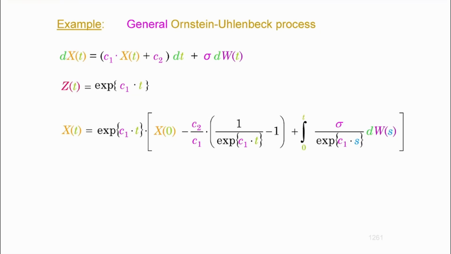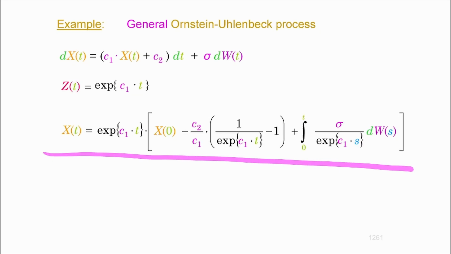That's it. We don't go further. So for that Riemann-Stieltjes integral, you don't need to go further. Why would you? Now, believe it or not, this equation solves this stochastic differential equation.